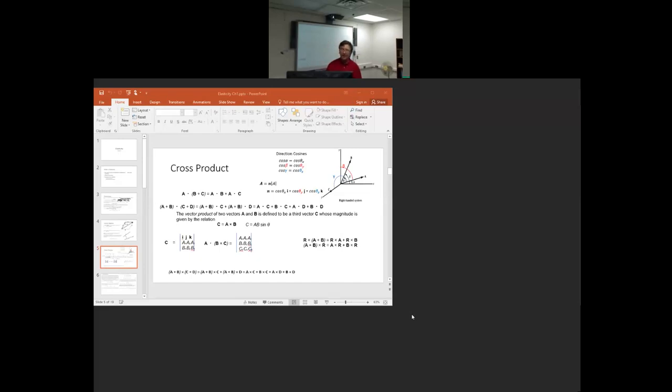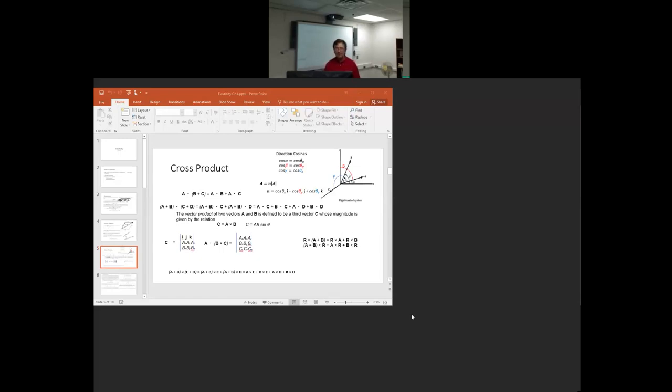And if you want to do it as a vector, typically what we do is create a determinant, and the first row is i, j, k, which are the unit vectors of the Cartesian coordinate system that we use. The second row are components of the first vector. The last row is components of the second vector.